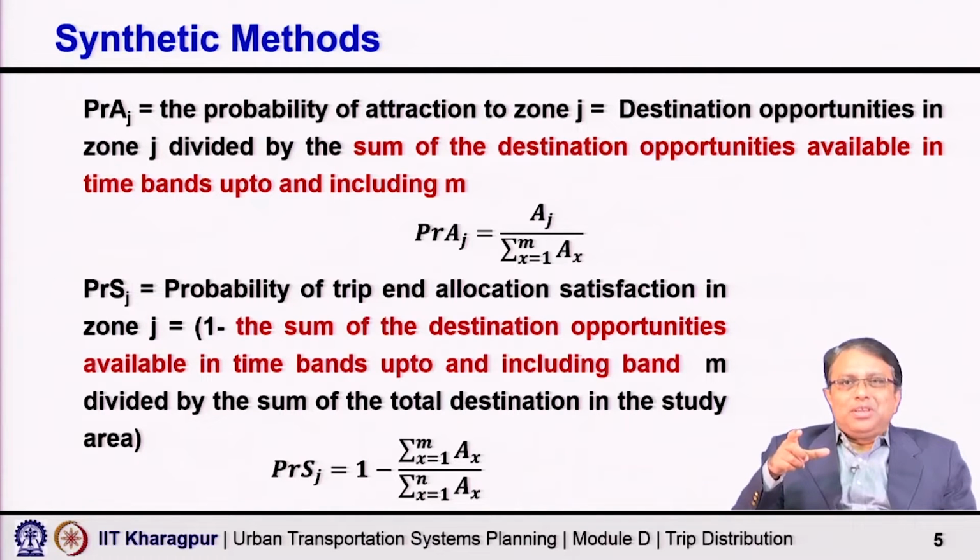That means, when we talked about probability of Aj, we considered only up to station 5: the opportunity at the fifth station divided by the total opportunity up to the fifth station. And here we are saying the opportunity up to the fifth station divided by the total opportunity up to the 10th station.